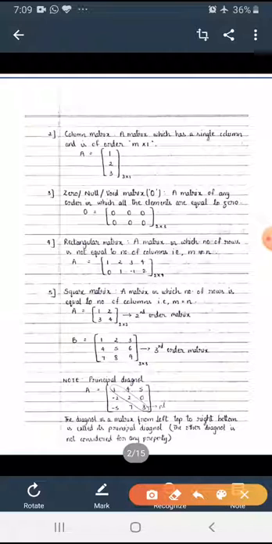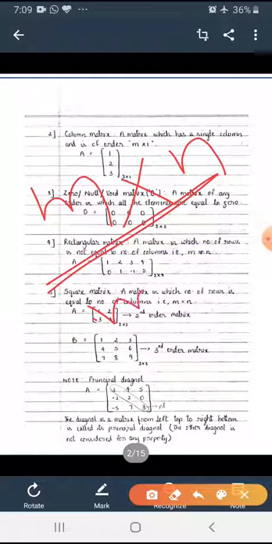Now rectangular matrix. Actually we know the rectangular shape: in that shape opposite sides are parallel, but all sides are not equal. Like that here also the number of rows is not equal to the number of columns. Generally here m is denoted for rows and n is denoted for columns. Now m cross n means that the matrix has mn elements.